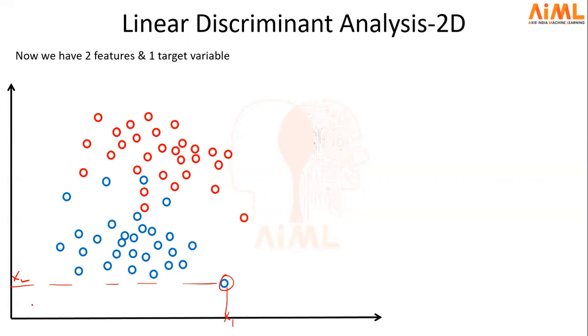The color of the data points tells us whether this data point belongs to the benign category or the malignant category. Now, the dimensionality of our features has increased.